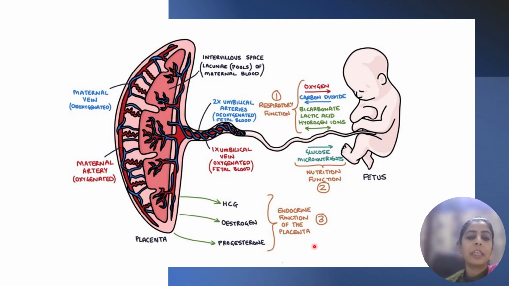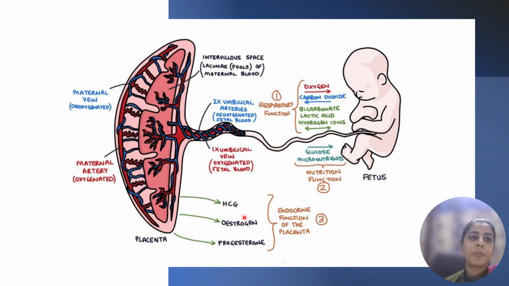Next we'll see the endocrinal function. So this is also a main function. It is also called the control center. Here HCG, human chorionic gonadotropin, estrogen, and progesterone will be secreted. So these are hormones. HCG is the hormone that tells the body that the woman is pregnant.